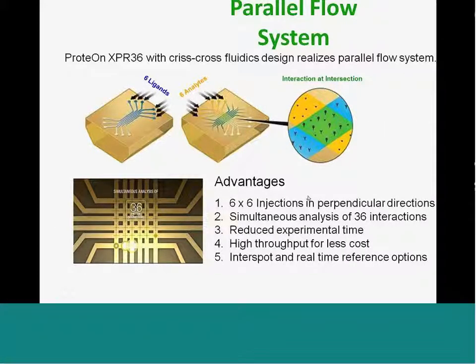The other advantage that we've come across with this particular instrument, the Proteon XPR36, which our department actually had, and we've been able to use quite extensively, is that you can immobilize 6 different surfaces. So with 6 different ligands, or 6 different concentrations of the same ligand within one chip, you then flow over in the vertical direction.